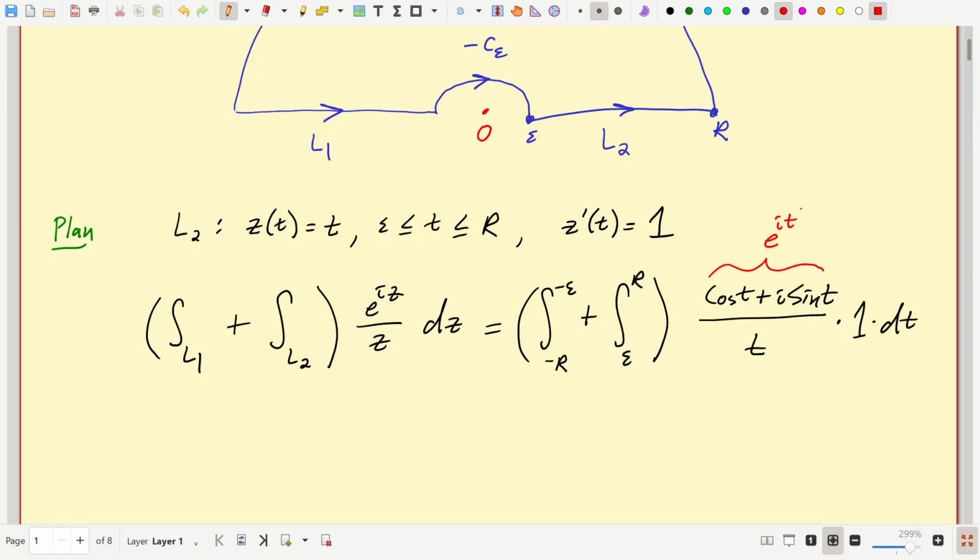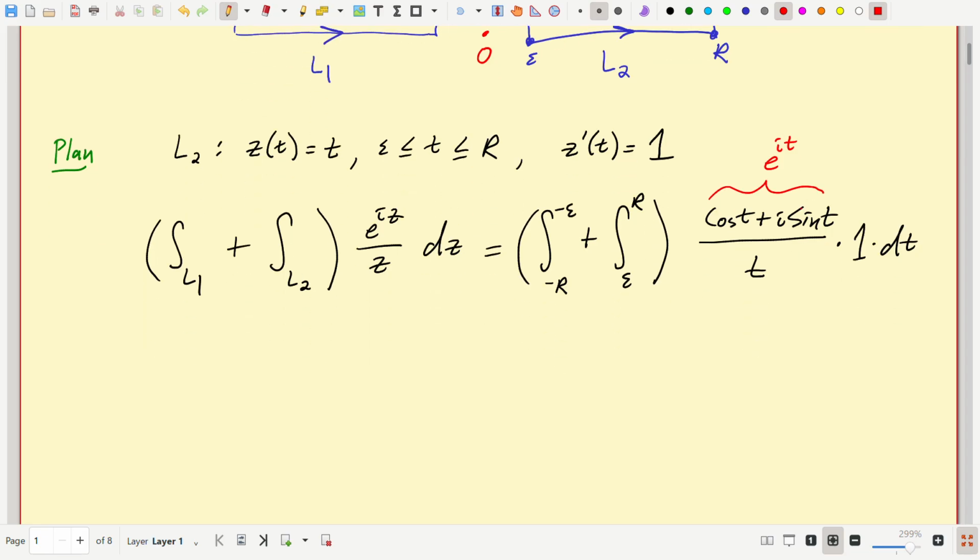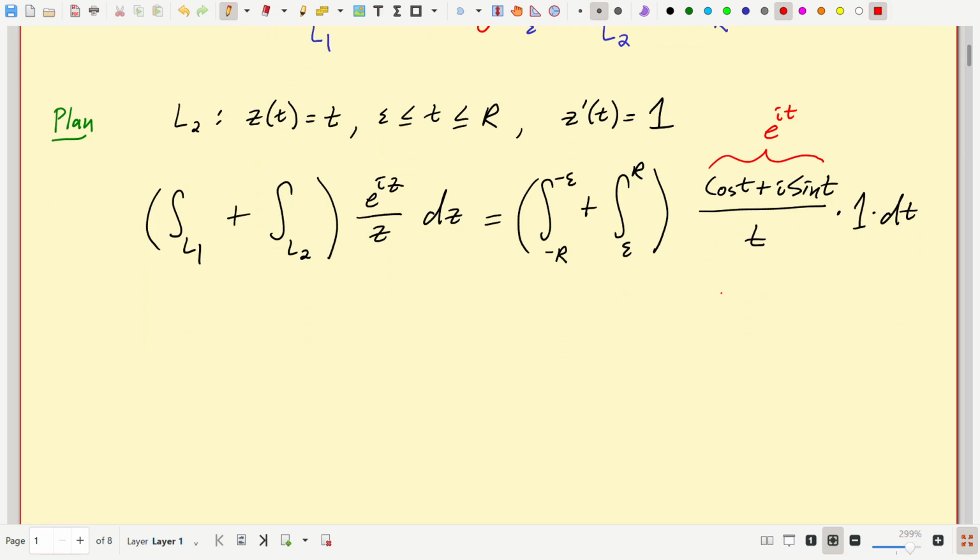Now if you think about it, sine is an odd function, and cosine is an even function. And we're dividing by t, which is an odd function. So, interesting, cosine t over t is odd, and sine t over t is even.